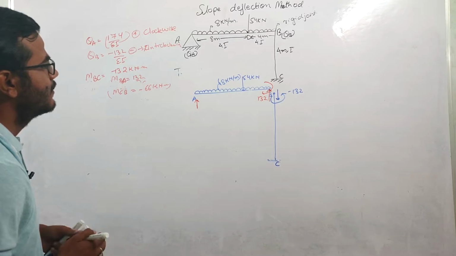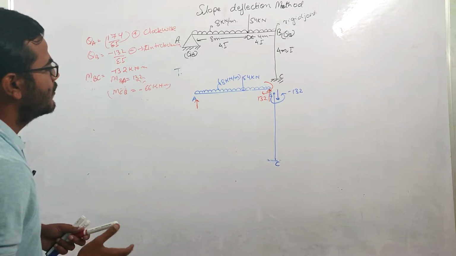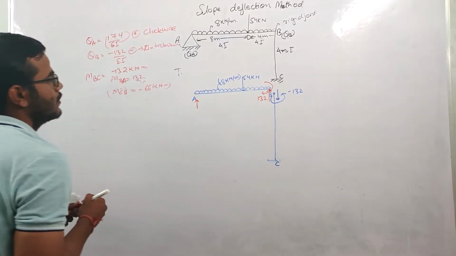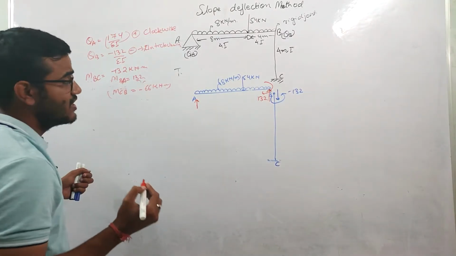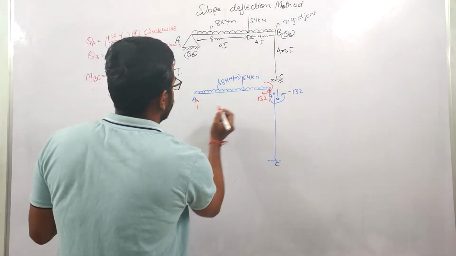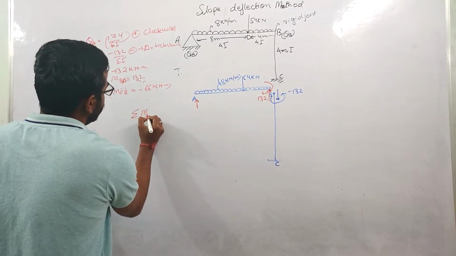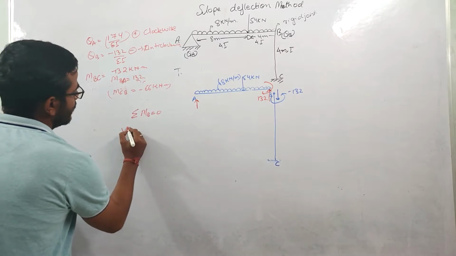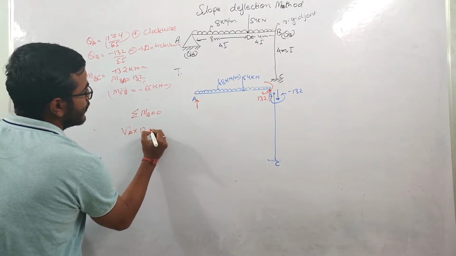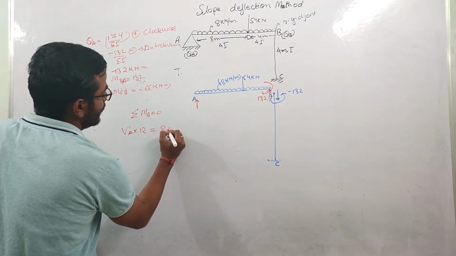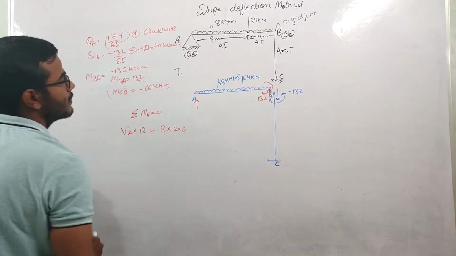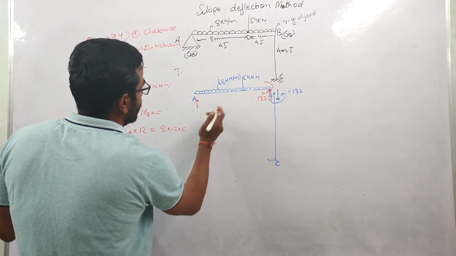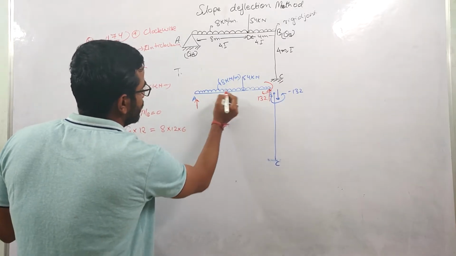Now let us find the reaction at this VA support. If we want to find the reaction at VA support, I am taking summation of MB equals 0 for this portion, right? So I can write VA into 12 equals 8 into 12 into 6. 8 into 12 is the total load, and it will act at the center of this beam.